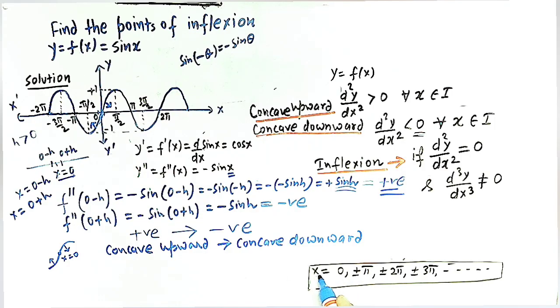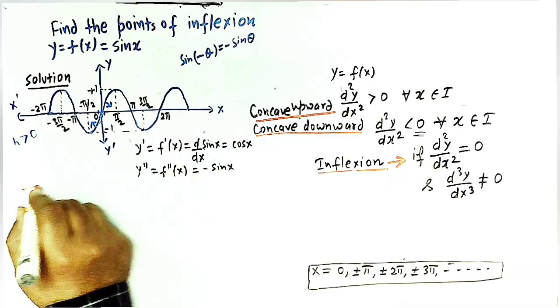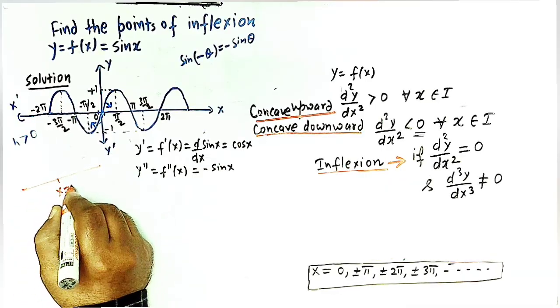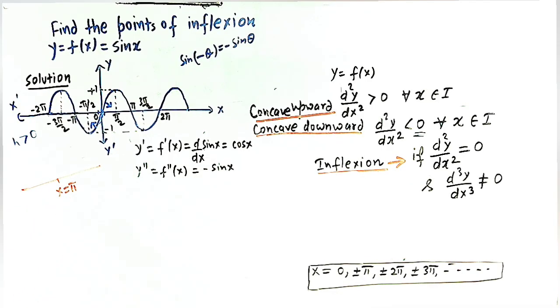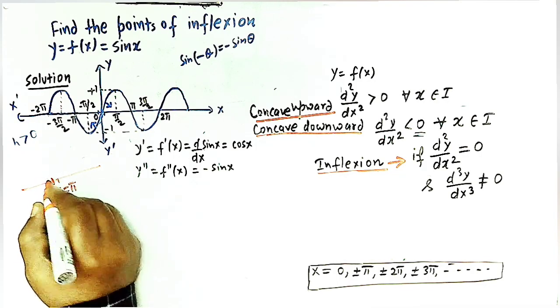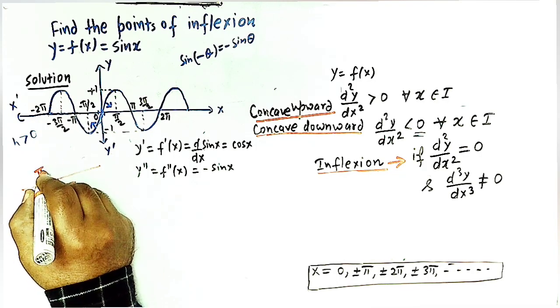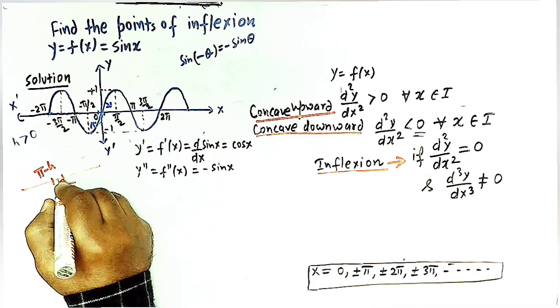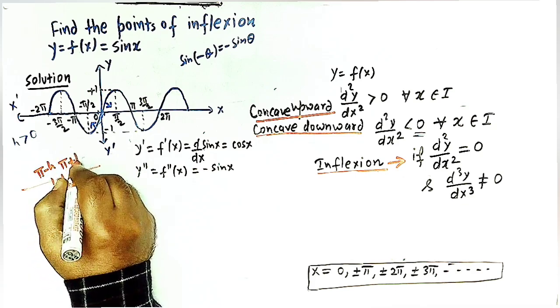So let us now take x is equal to pi. So now here we have x is equal to pi, right? And we can take this point as pi minus h, and this point as pi plus h.